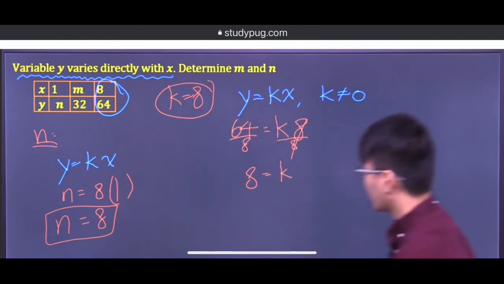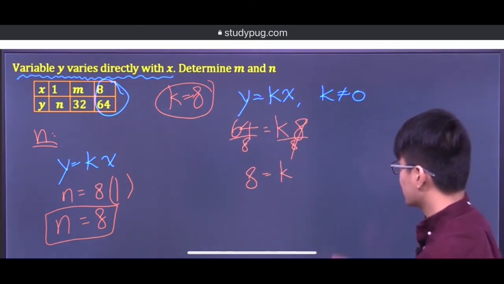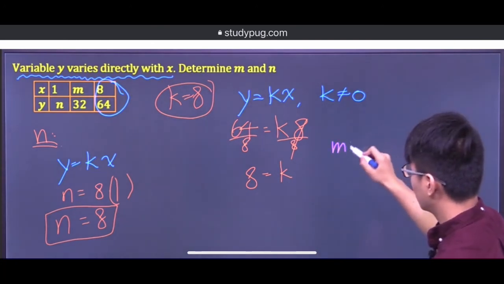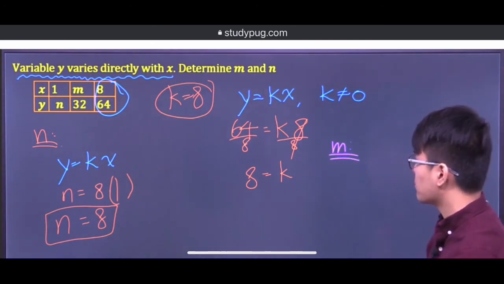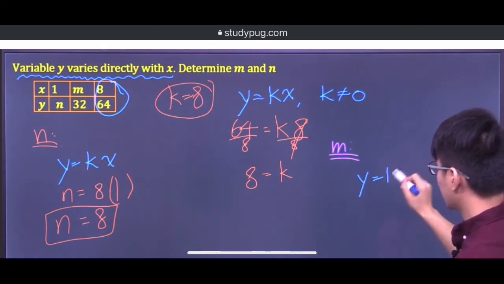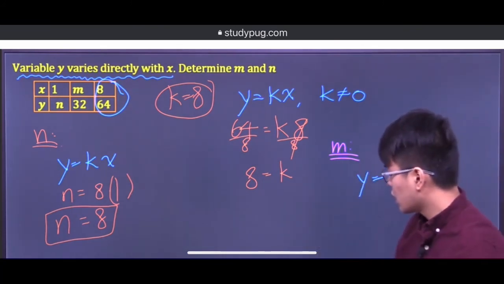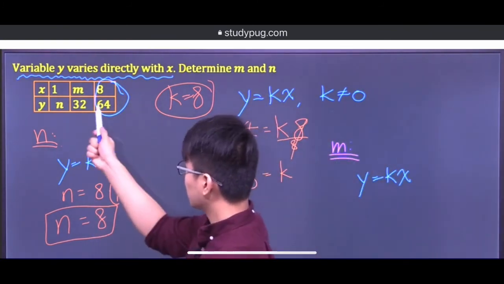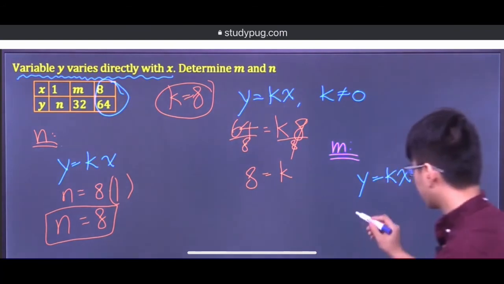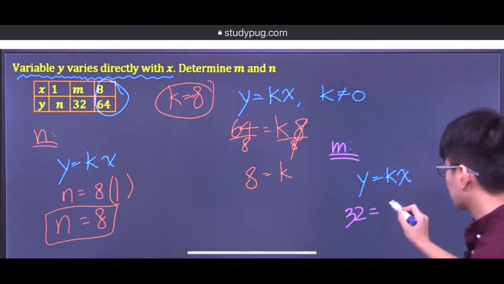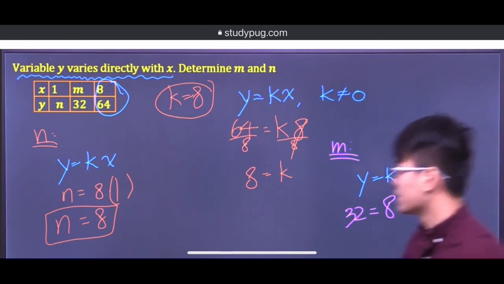Now let's figure out what m is. Let me write down the equation: y equals k times x. Our y value this time would be 32, so we have 32 equals our k, which is 8, times x.